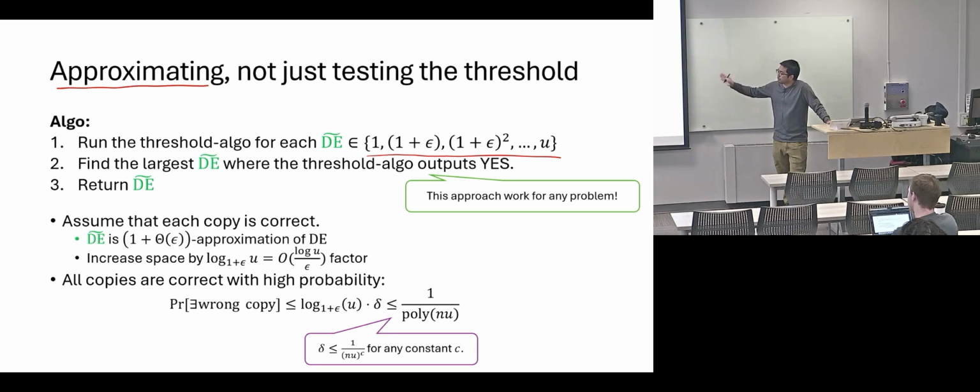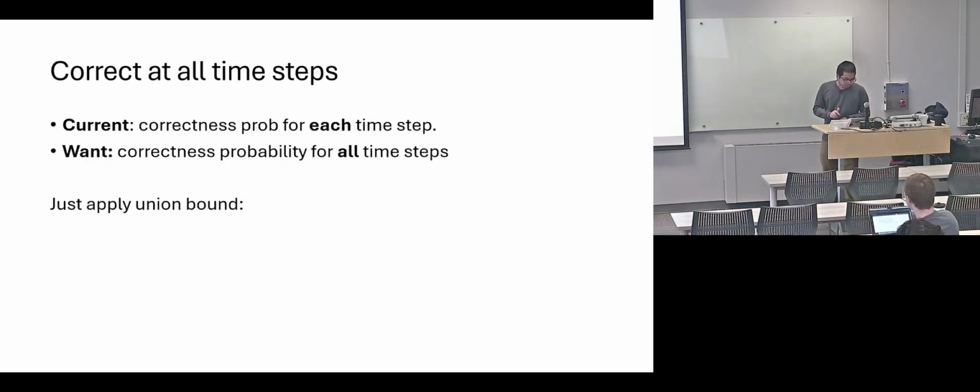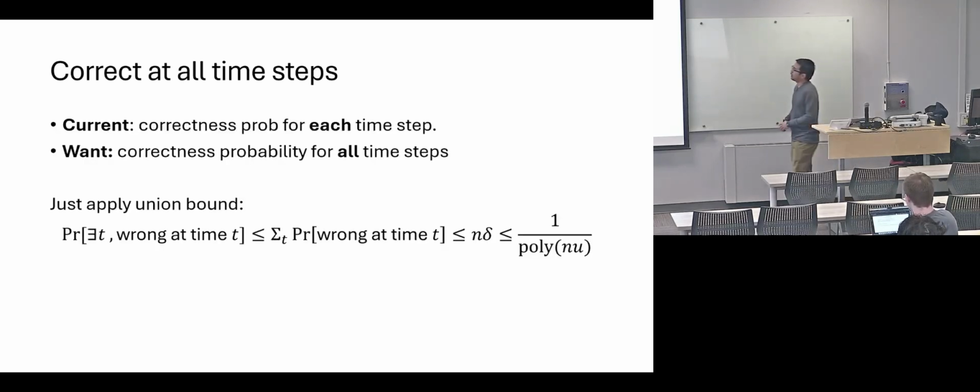So this approach would work for any problem. And okay, I should finish. If you want it to be correct at all time steps, each time step is correct with really high probability, the failure probability is tiny.